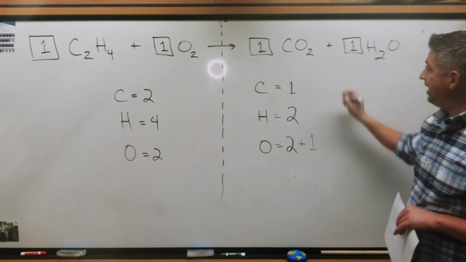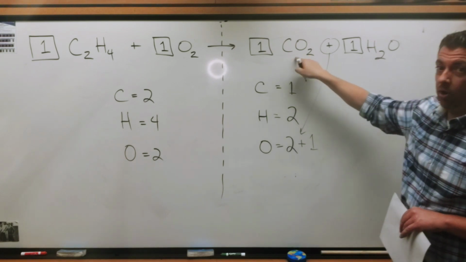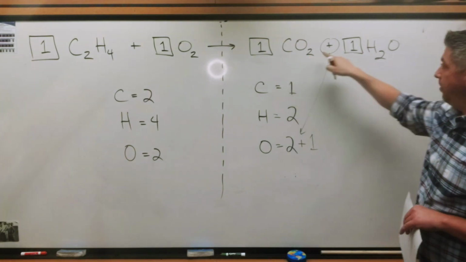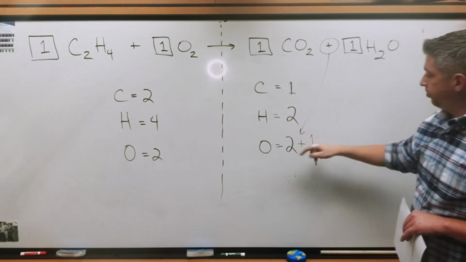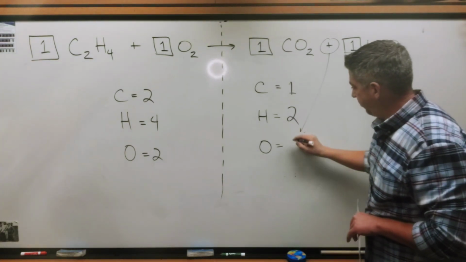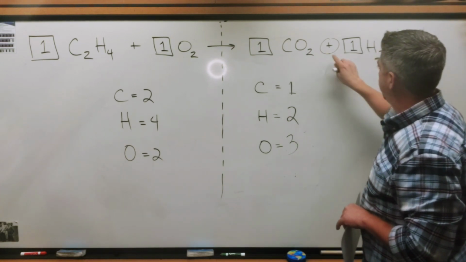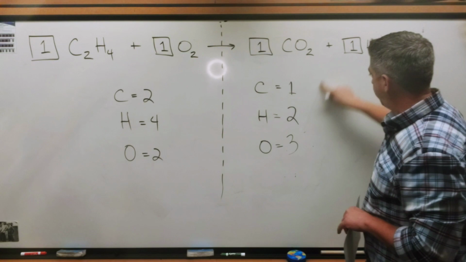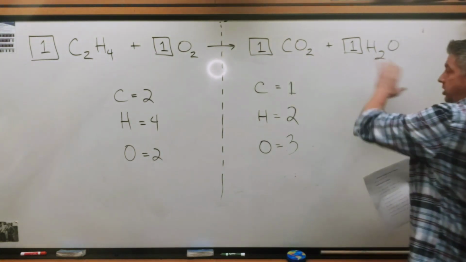And the reason why we're adding it. See, there's 2 O's over here plus 1 O over here. So 2 plus 1 would give us, we have 3 total. The reason why this one's challenging is because when you are looking for oxygen, the question is, do we change this one or we change that one?